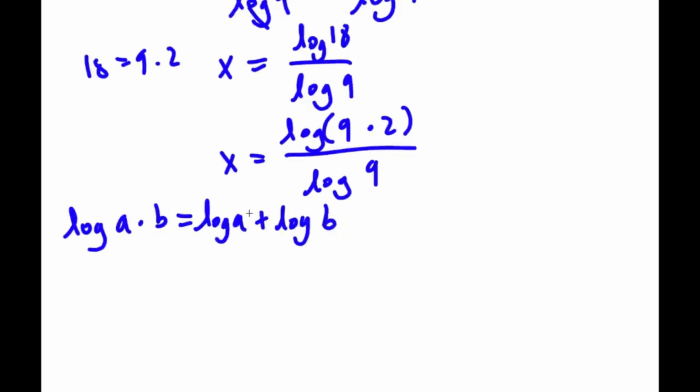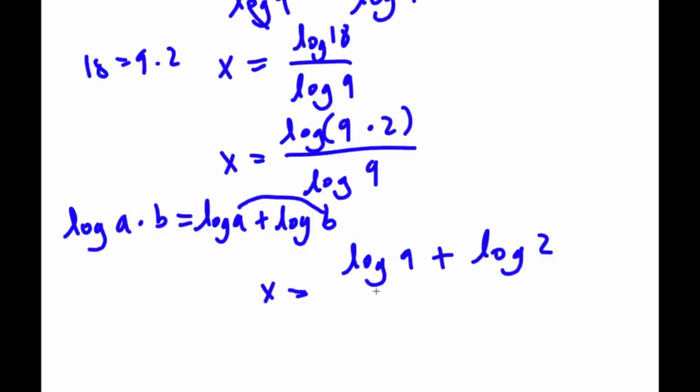Because remember, when you're adding logarithms, you're technically just multiplying the two numbers in front of the logarithms. So now log 9 times 2 is going to equal log 9 plus log 2. So now I have log 9 plus log 2 divided by log 9.